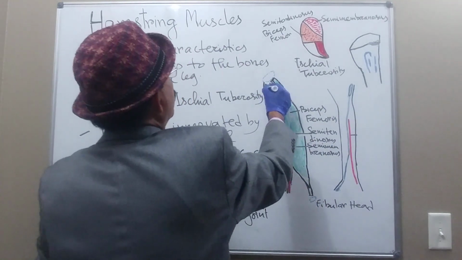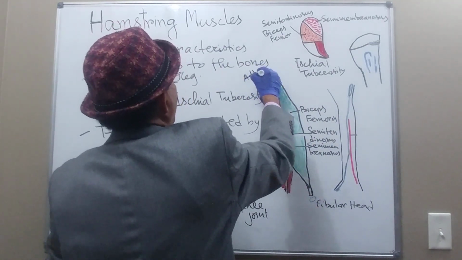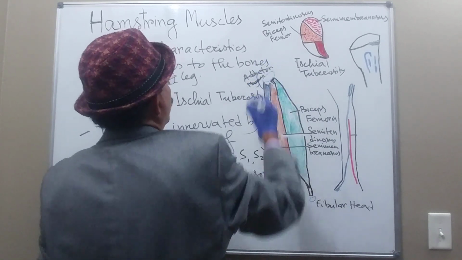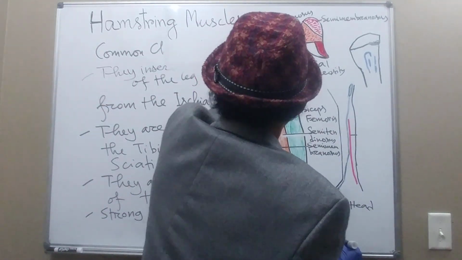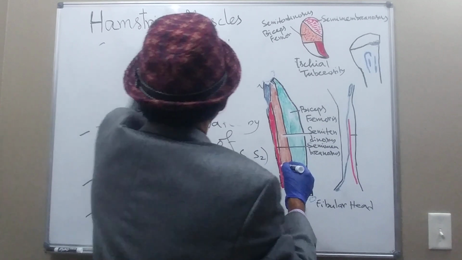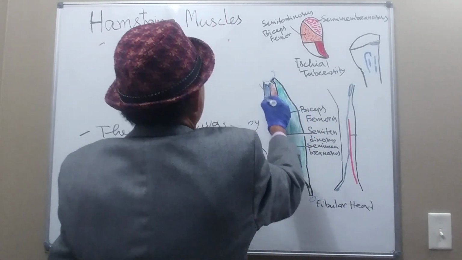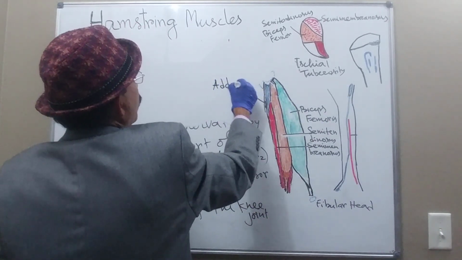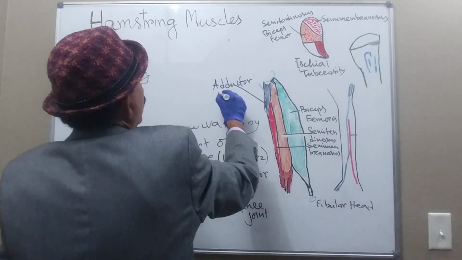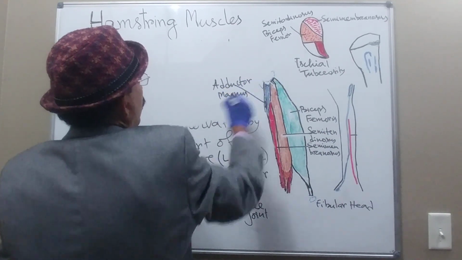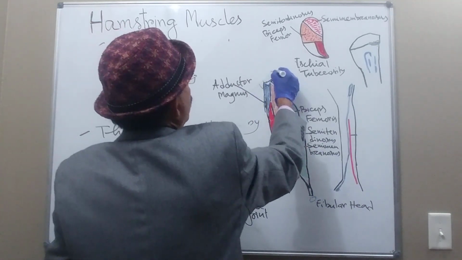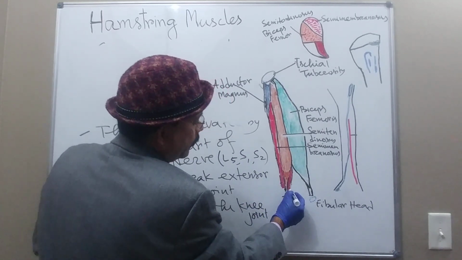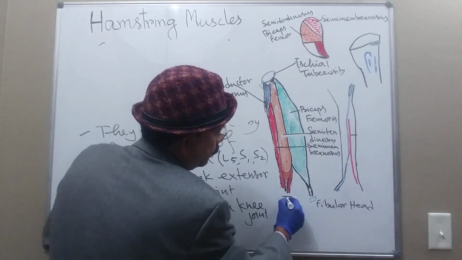This is part of the adductor magnus, a big muscle. We are seeing a small part here, and all of them take origin from the ischial tuberosity.